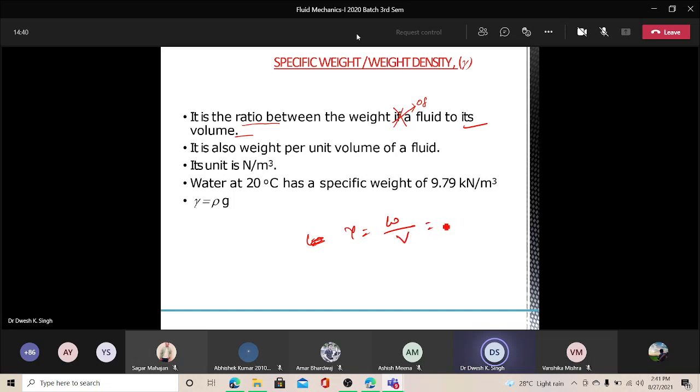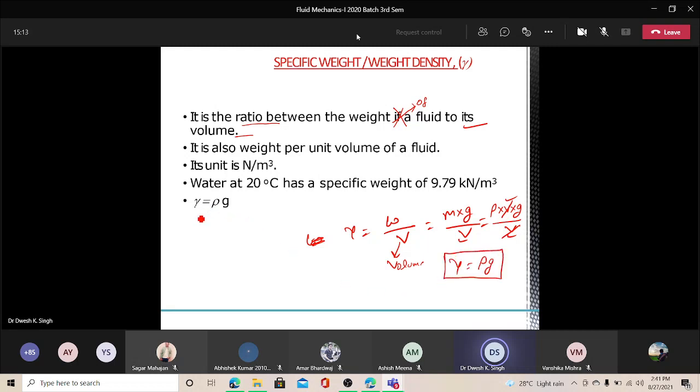We express the weight as mass into acceleration due to gravity. Then we can further express the mass as density into volume, that is rho into V into g, divided by V, where V is the volume. The volume and volume cancel out, so ultimately you come out with gamma equals rho g.